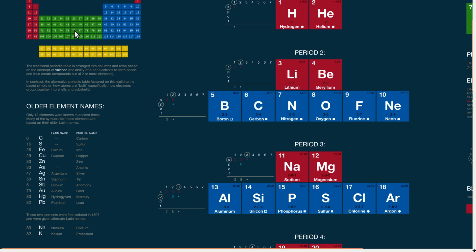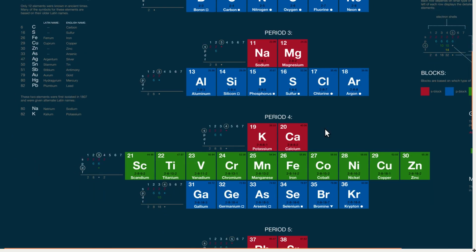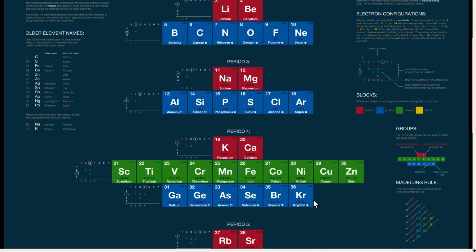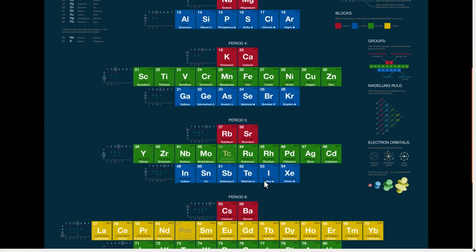And period 3 looks very similar. But period 4, we're going to get this green block here. So we've arranged it like this: 2, 10, and 6. Period 5 looks the same.